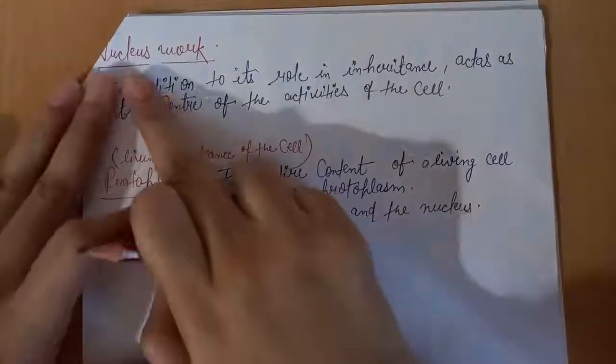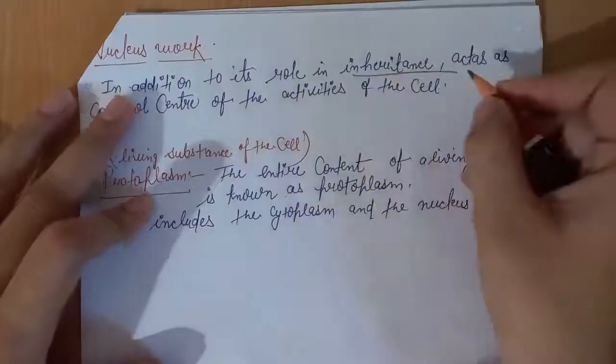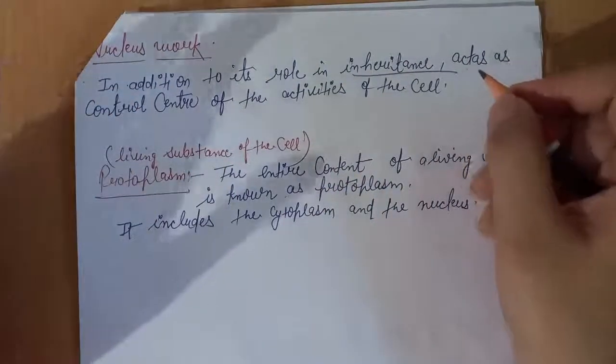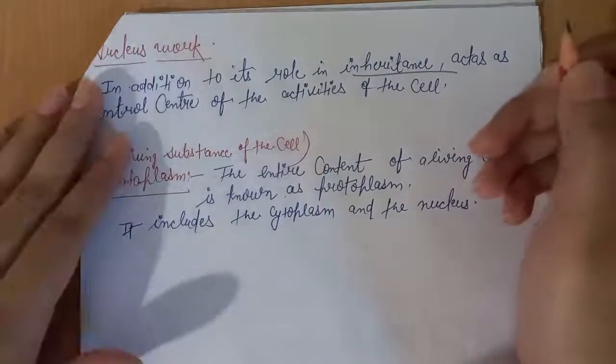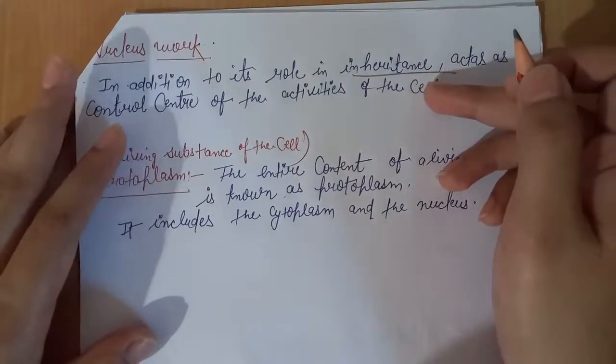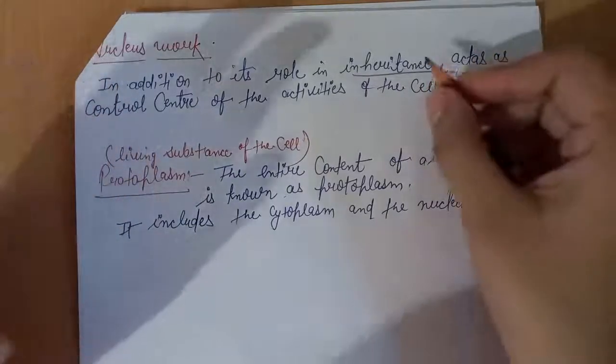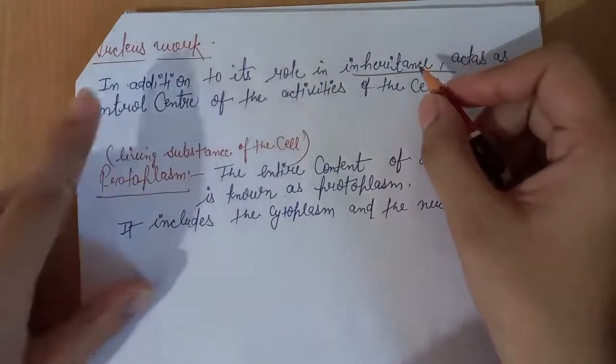And students, what is the work of the nucleus? In addition to its role in inheritance, you know that inheritance is possible because of the nucleus, because where is the chromosome present? In the nucleus. And where is the gene present? The gene is attached to the chromosome. So finally, what is responsible for inheritance? The nucleus.